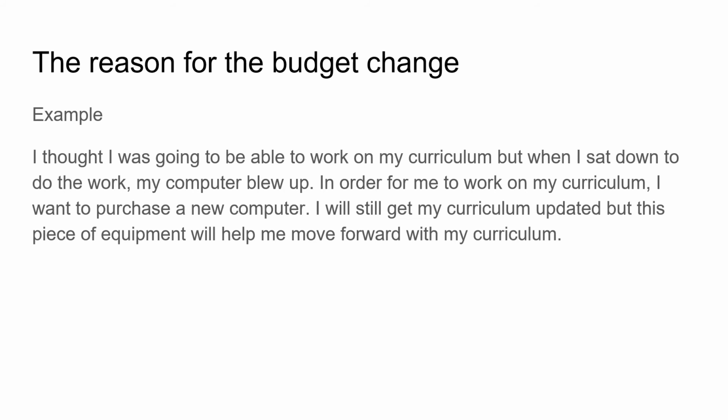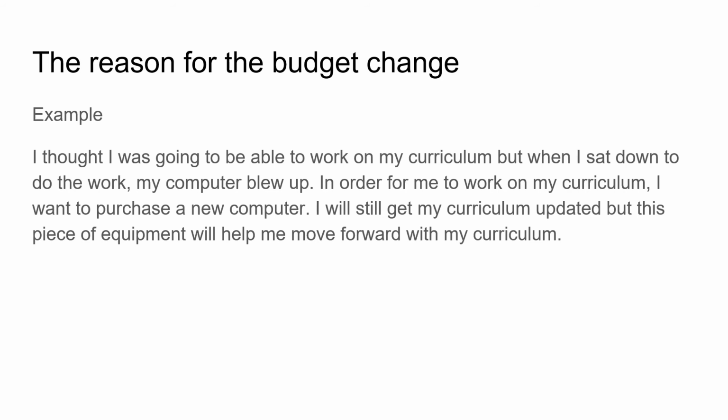Next comes the most important section. Here we get a detailed explanation of the change. No more guessing. We have a record of when the request was made so that we can be timely with our response. So following our example, our faculty said, I thought I was going to be able to work on my curriculum, but when I sat down to do the work, my computer blew up.